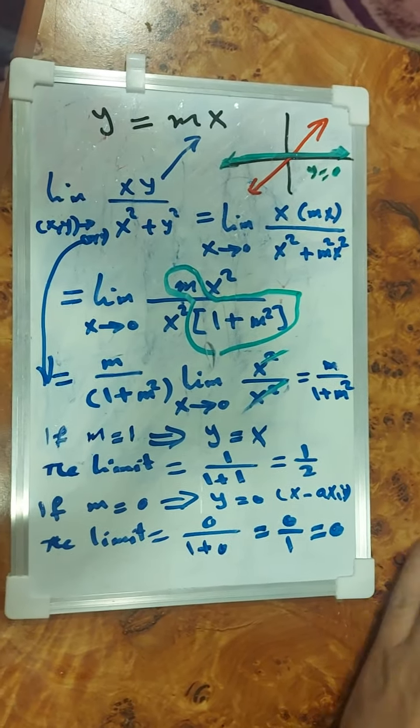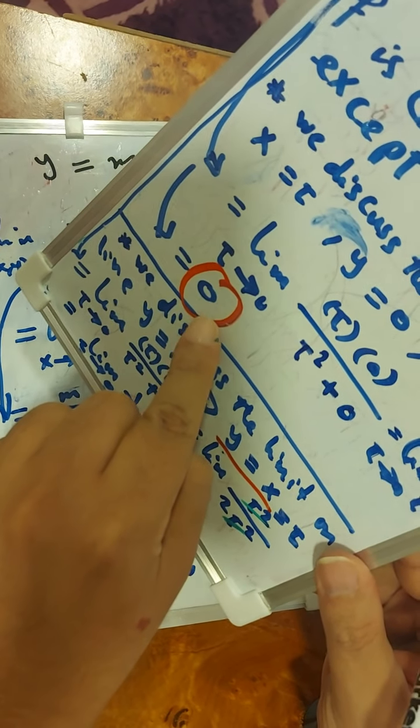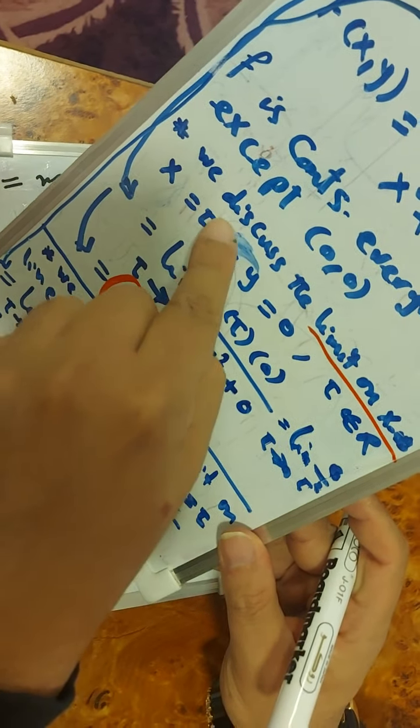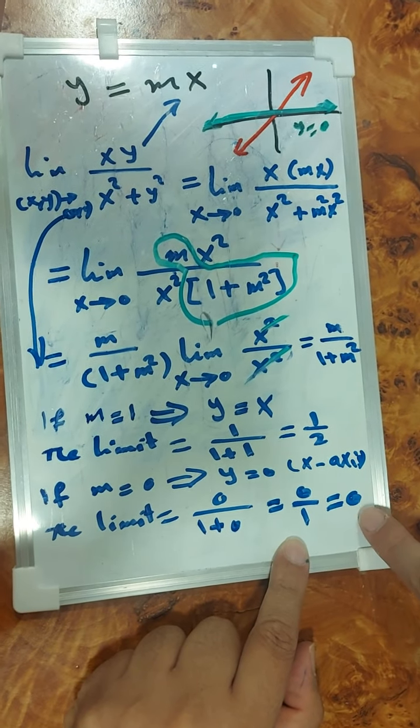So as we have obtained before using the parametric method, the limit on the x-axis equals 0. This is another confirmation of our previous finding.